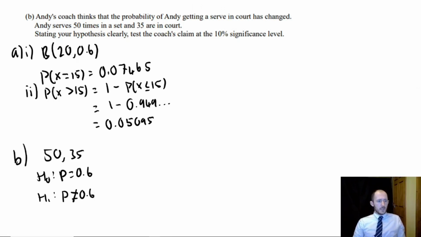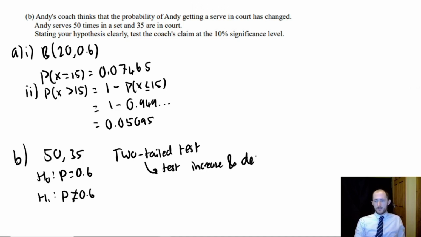So, this is called a two-tailed test. Everything we've done up till now in terms of hypothesis testing has been a one-tailed test. Why? Because we've only tested if it's decreased or increased. With a two-tailed test, you test increase and decrease.